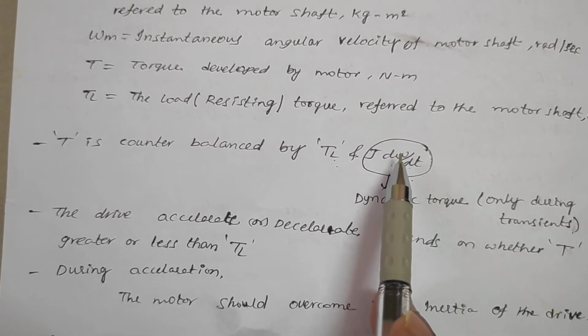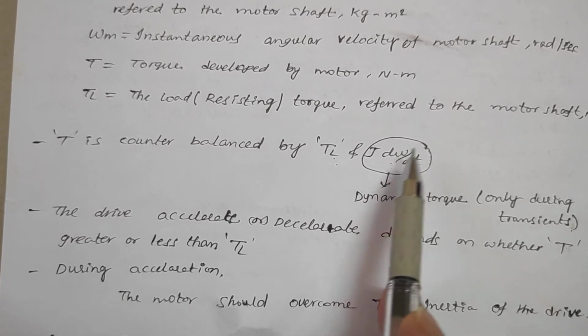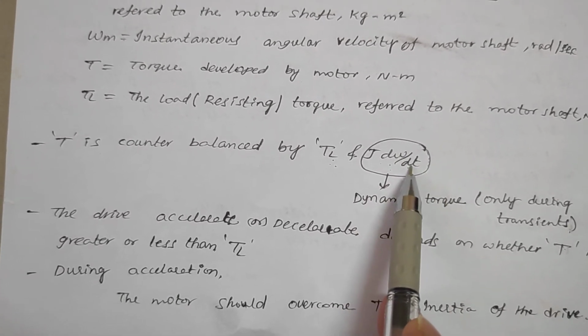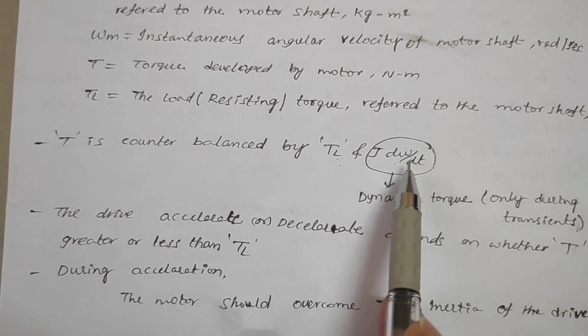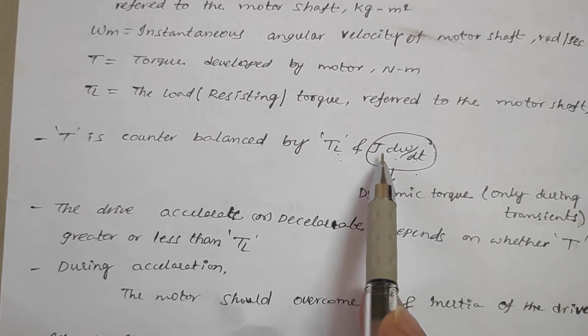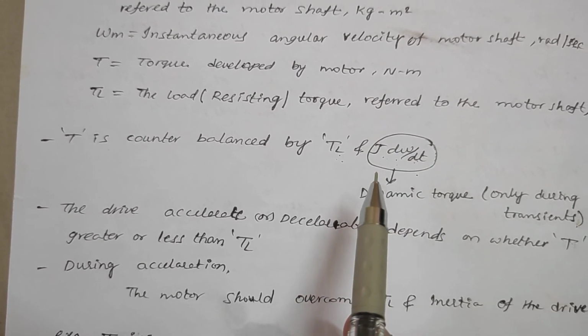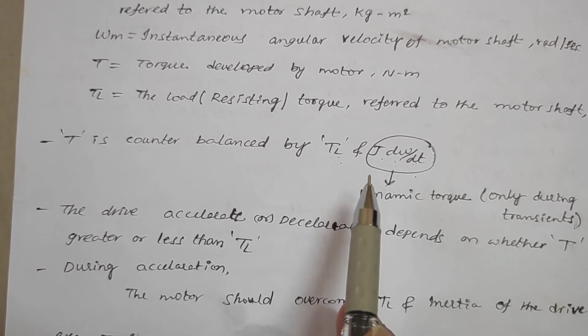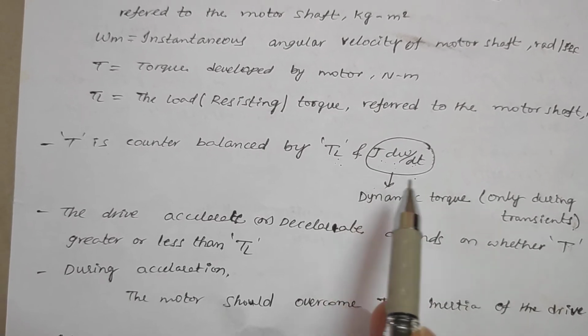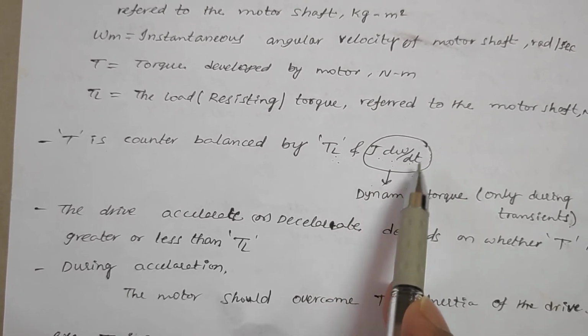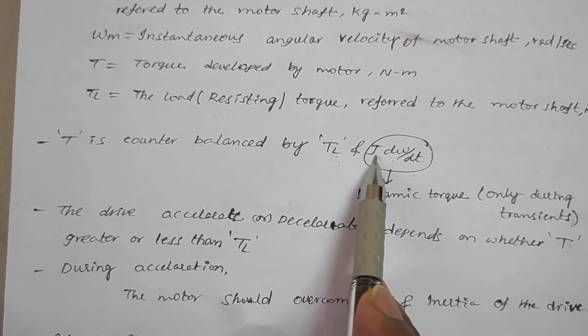During starting, it needs to start from 0 speed to some speed. There is a change in speed and there is a need to overcome the inertia component. During braking also, if it is running with some speed, it needs to stop, so it is going to another speed. There is a change in speed and we need to overcome the inertia.